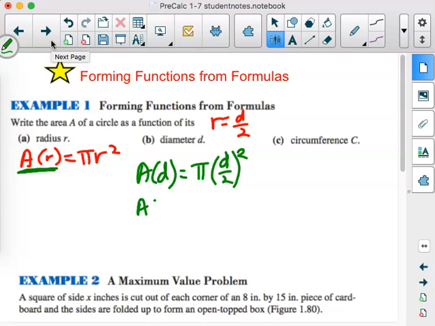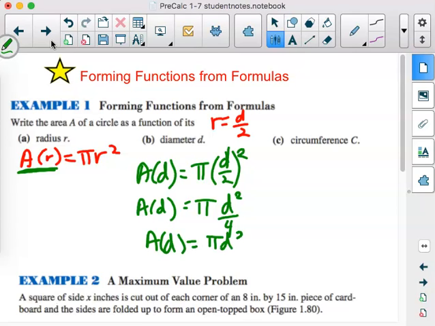And what we would do is we would square both the numerator and the denominator, because when you have pure multiplication or division inside parentheses, you can go ahead and distribute that power of 2. So that will be d squared over 4, and putting it all together, it might look a little nicer if we have pi d squared over 4. So that's area in terms of diameter.